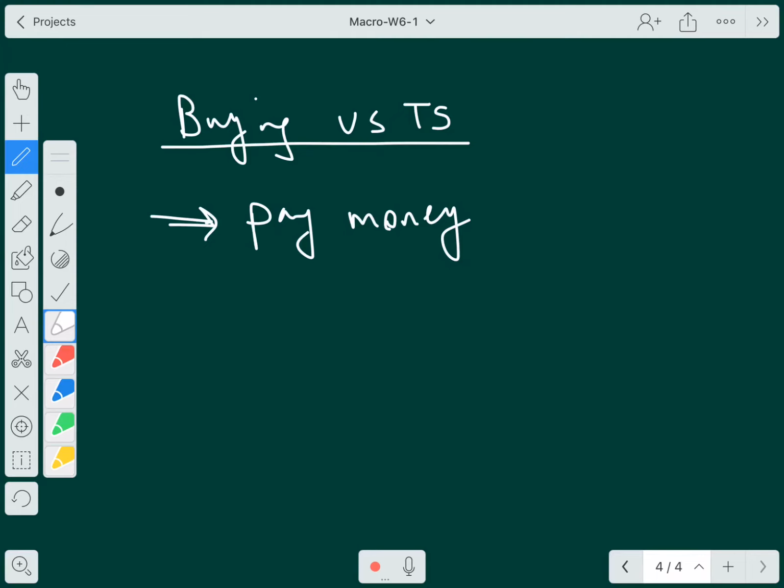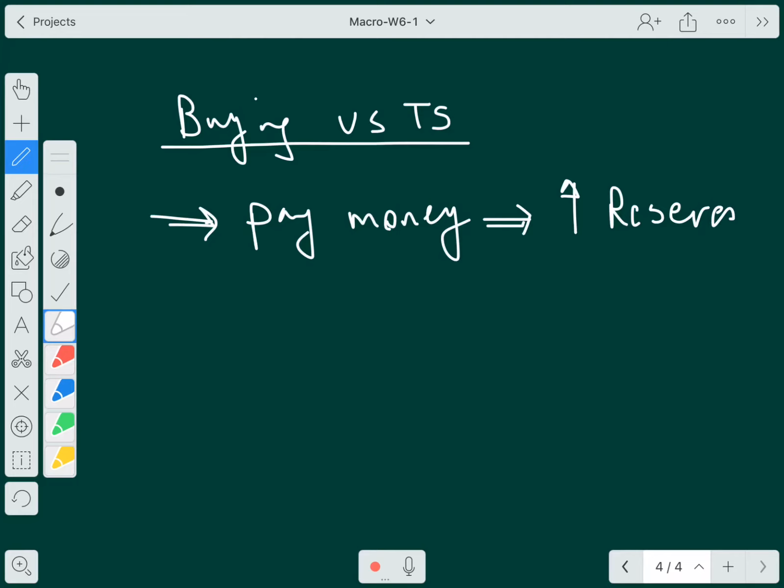You can Google search their names. So what the Fed is doing is basically buying the US Treasury securities, paying money, and then this money is going into the balance sheets of these banks, or you can be more specific and say this would increase their reserves.